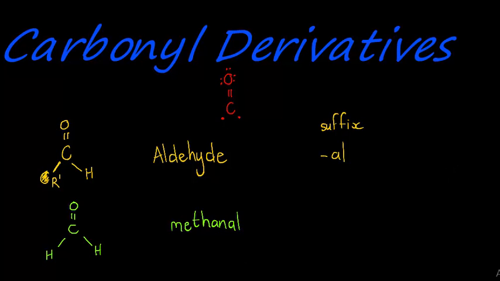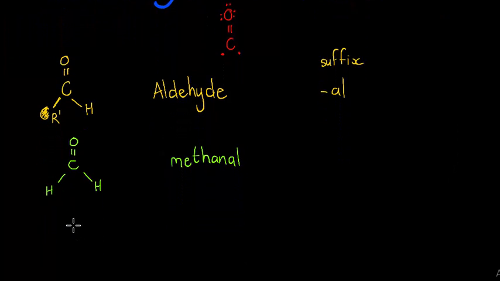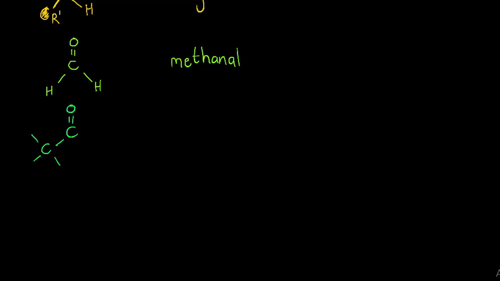Okay, if I had 2 carbons, so I have a carbon double bonded to oxygen, bonded to another carbon, which now is just bonded to 3 hydrogens, and on my carbonyl functional group, I've got at least 1 hydrogen.